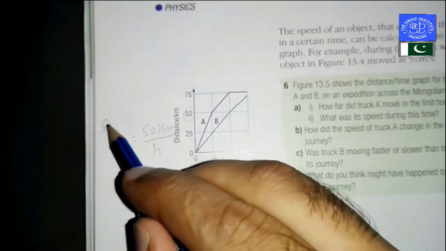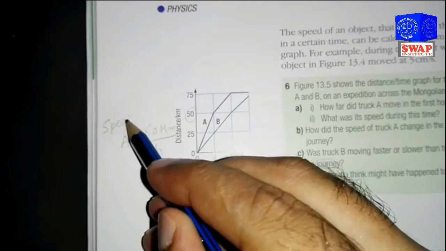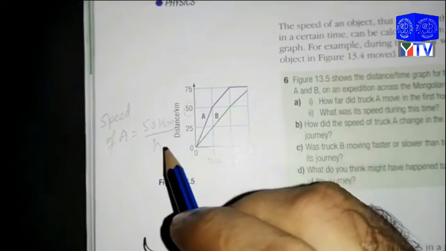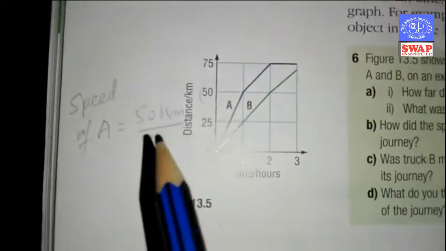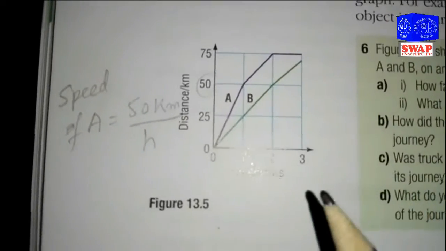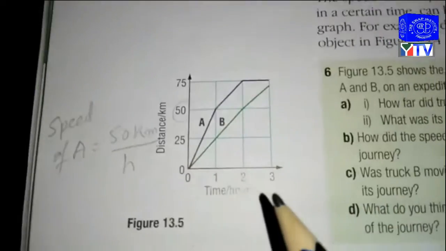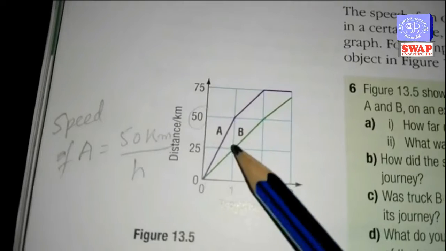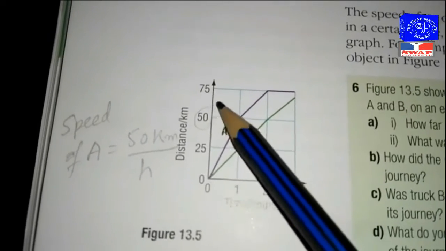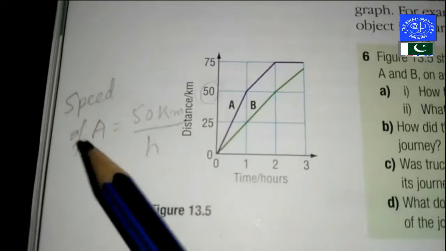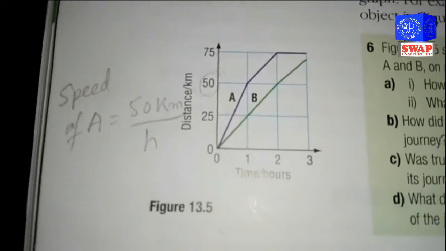That is the speed of truck A. Basically, we can simply find the speed of any object by using the distance time graph: the vertical axis divided by the horizontal axis gives the speed of that particle.